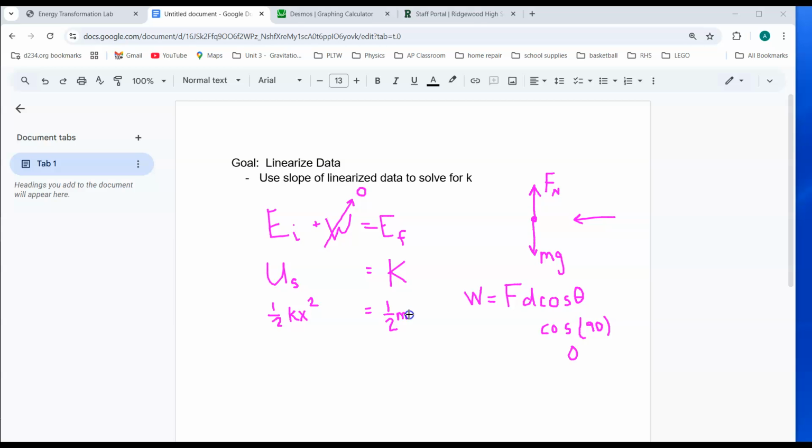Okay. So let's talk real quick about constants versus variables. K, the spring constant, is something you can manipulate. And x is how much you pull back the spring. That's something you can manipulate.